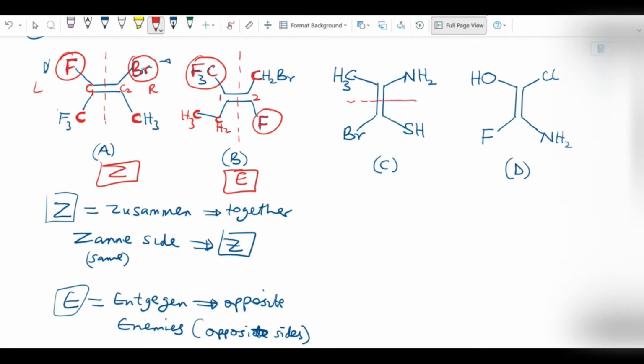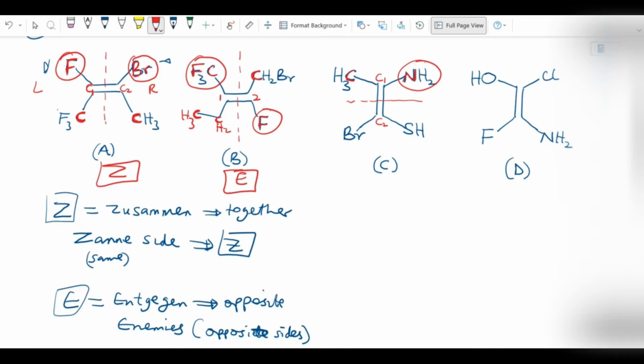For this one, draw a line dividing the alkene into two. Here we'll have up and down, so carbon 1 and carbon 2 will be up and down. On the groups above, we have CH3 and NH2. If you look at the first atom attached to C1, nitrogen has a higher atomic number than carbon. Therefore, this group will get priority number 1.